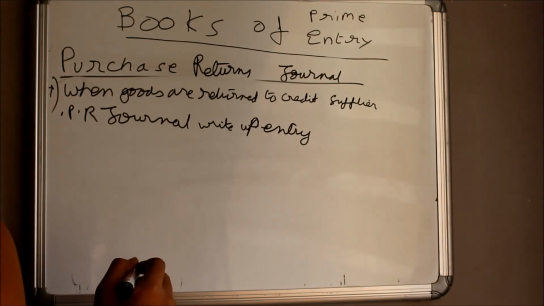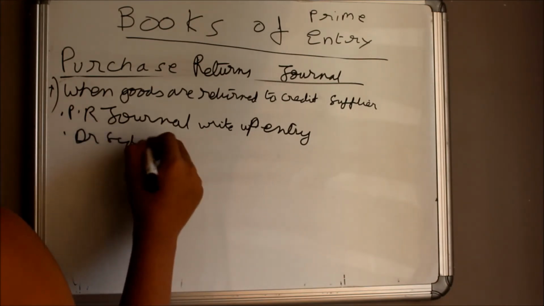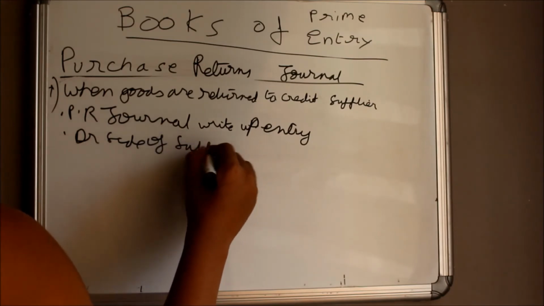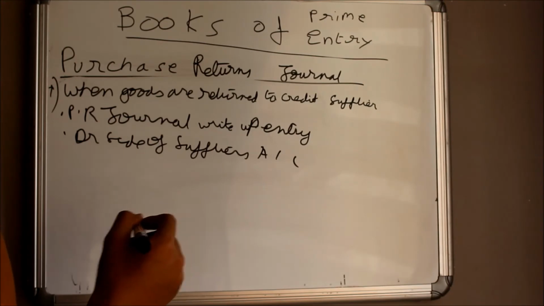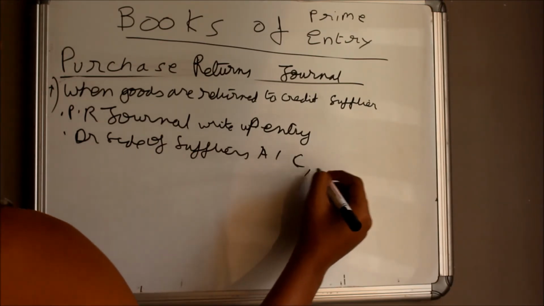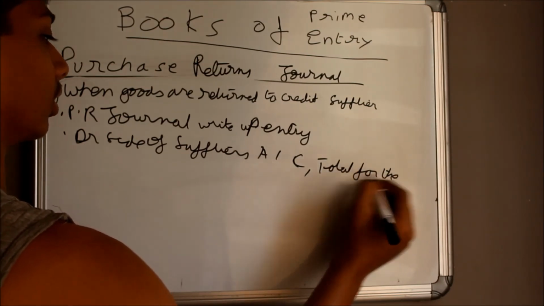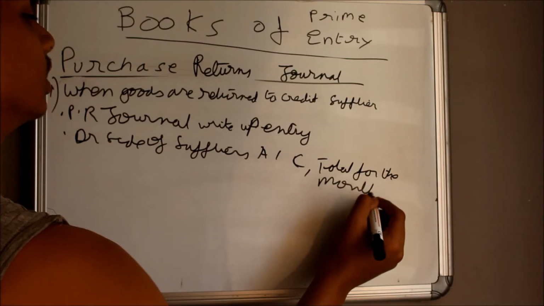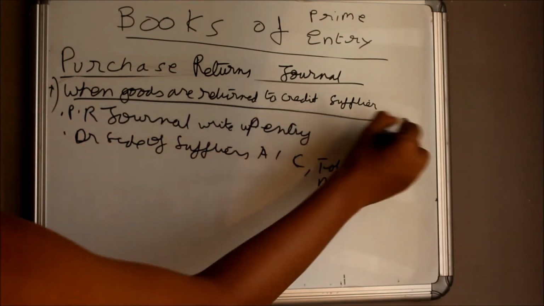And then on the debit side of the supplier's account, we're going to write the total for the month instead of writing all the individual entries. The individual entries will go up in the purchase returns journal. And this is what happens when goods are returned to the credit supplier.